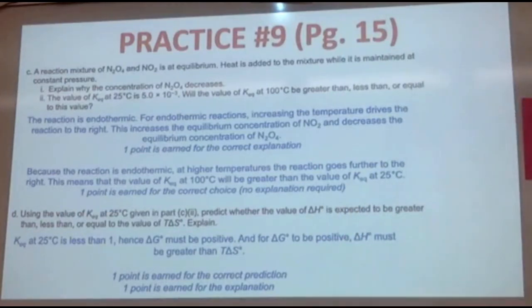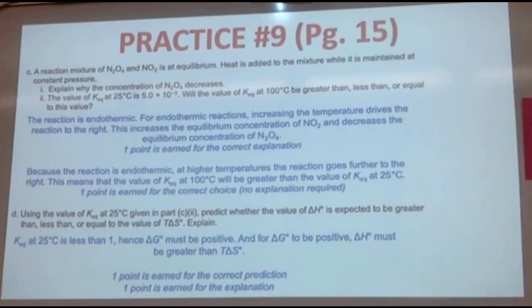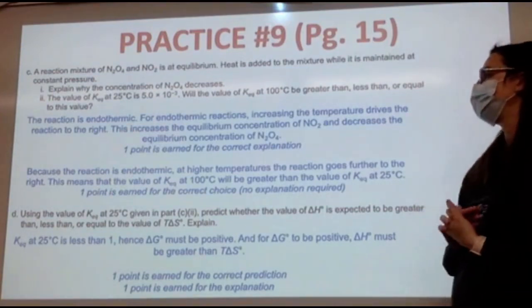The reaction is endothermic, and for endothermic reactions, heat acts like a reactant. So when you increase the temperature, the forward reaction occurs. You're pushing the reaction to the right, and so this increases the concentration of NO2 and decreases the concentration of N2O4. That was just 1 point.